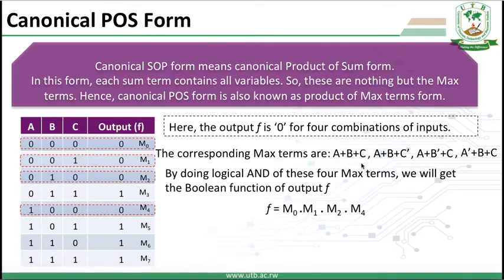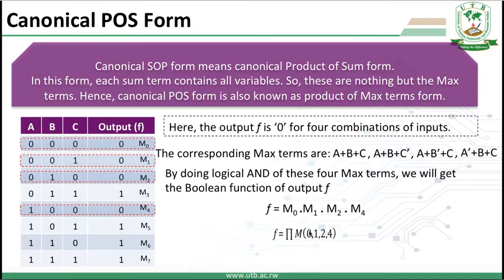Product of these. So this can be rewritten as bracket A plus B plus C bracket close, multiplication, again bracket open, A plus B plus C complement bracket close, again bracket open, A plus B complement plus C bracket close, again bracket open, A complement plus B plus C, because M0 is this, M1 is this, M2 is this one, and M4 is this one.